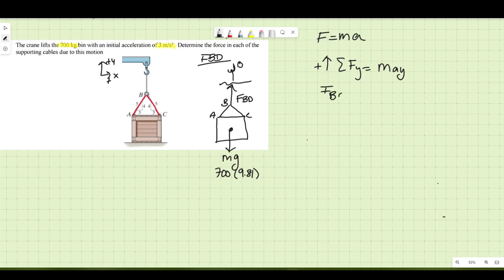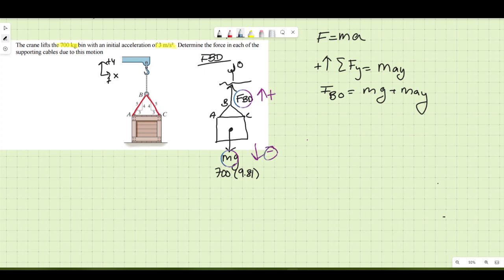Force BO is going to be equal to mass times gravity plus m a_y. We determine this by understanding that force in the y will include this force BO going in the upwards positive direction, and the mass times gravity going in the downwards negative direction.